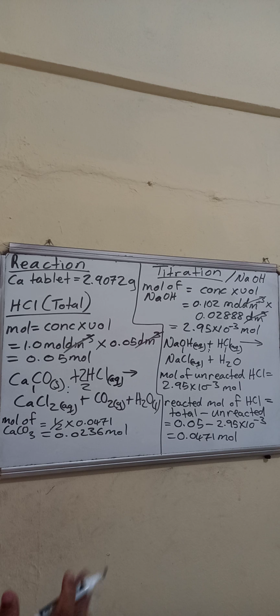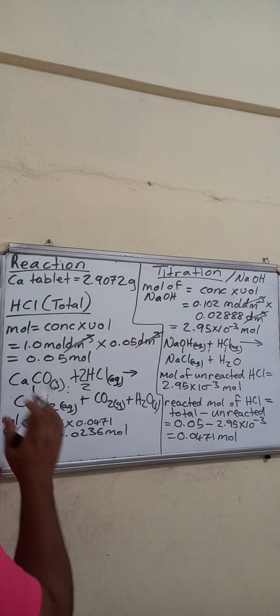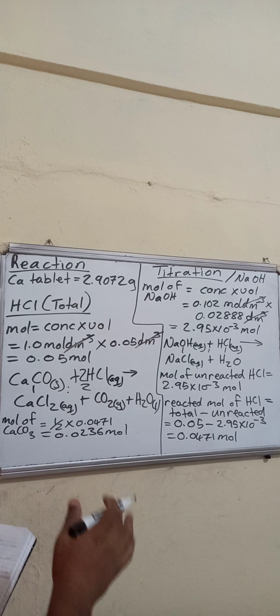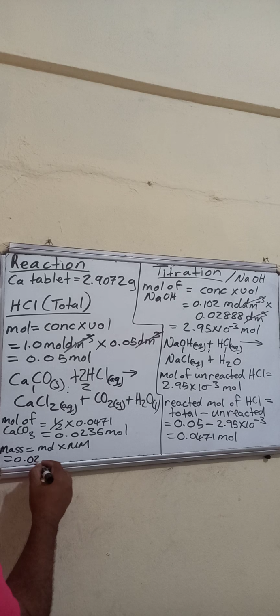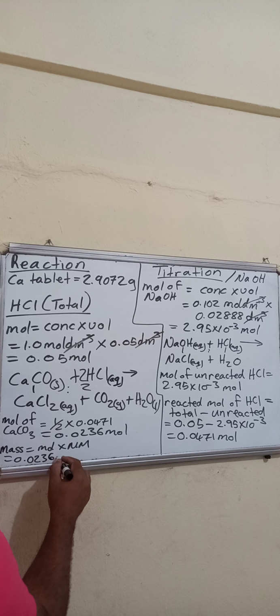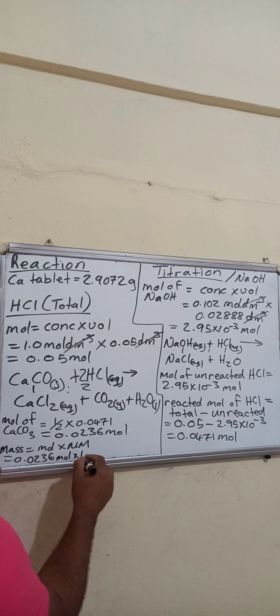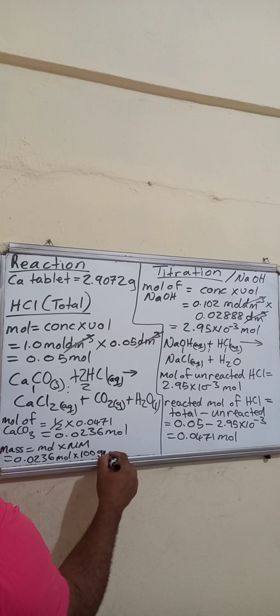And we know that, because remember the question wanted the percentage of calcium carbonate in the tablet, we need mass. And we know that mass is the mole times the molar mass. So it would be 0.0236 mole times 100 gram per mole.